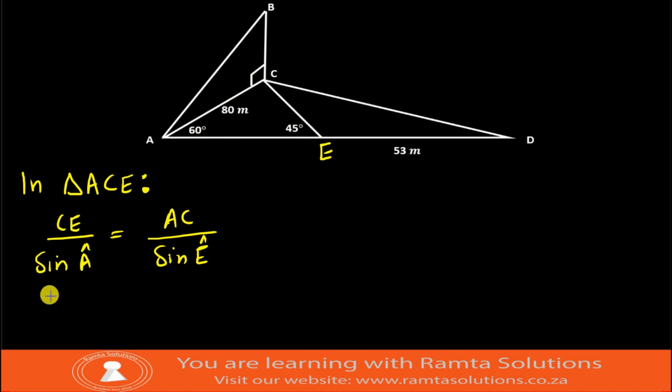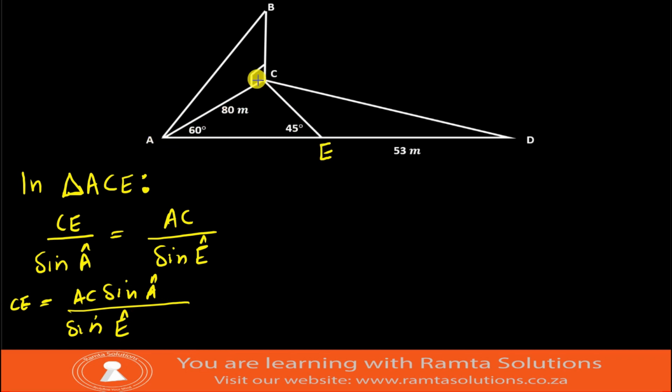So CE is therefore AC sine angle A over sine angle E. Remember, I'm just calling them angle A and angle E simply because I had said in triangle ACE.